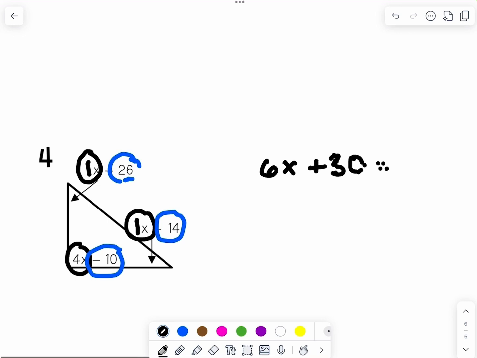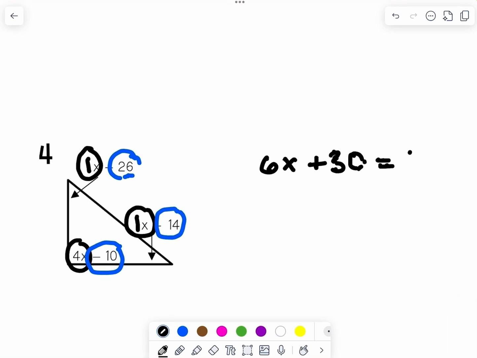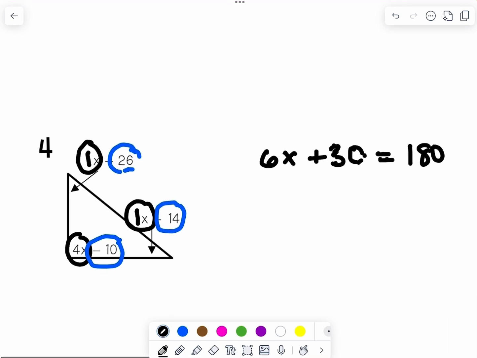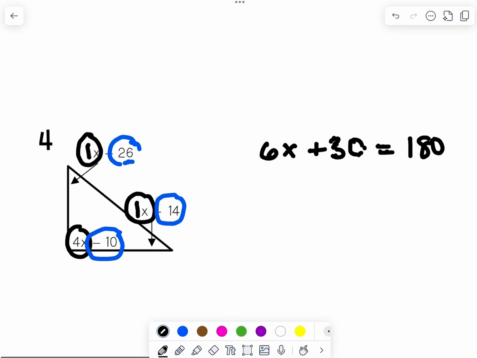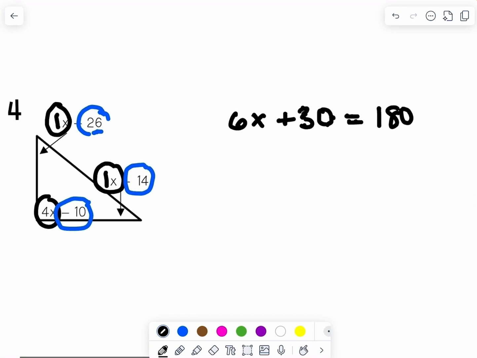Always in triangles, all angles add up to 180. Okay, so all I did there was combine the terms in one sweep. So I could have written out 1x plus 26 plus 1x minus 14, or I'm sorry, plus 14 plus 4x minus 10 equals 180. But before I wrote it out, I just combined like terms before I wrote it all down.